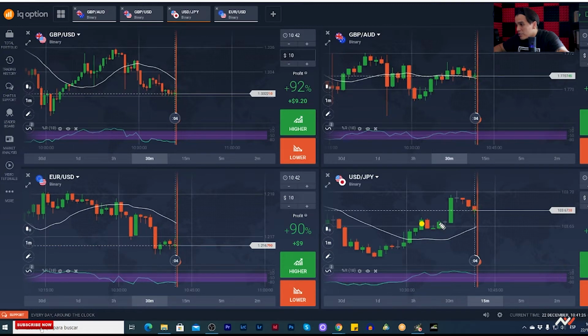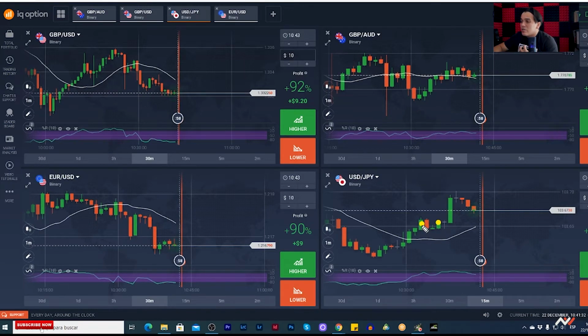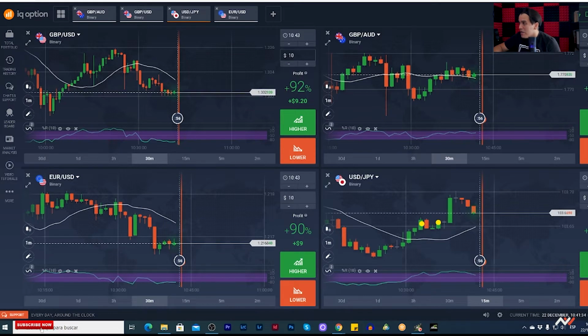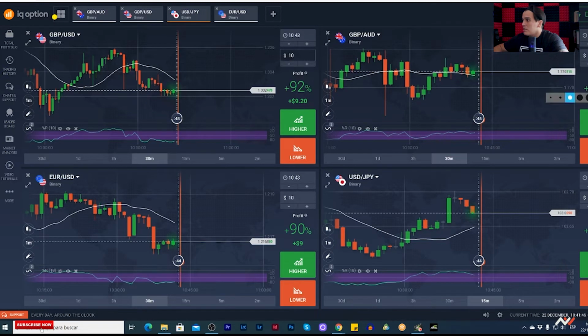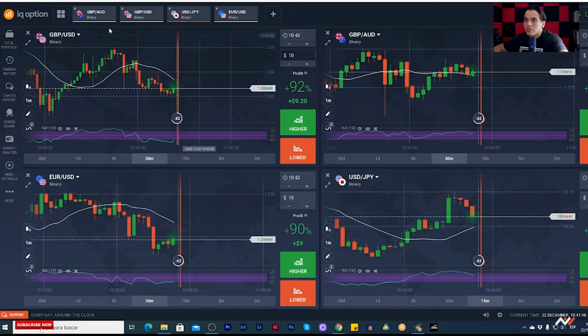So my trade ended on this candle and was a draw, but the signal was good. I just entered too late, because I need to enter when this candle starts, right here. That way I can stay in the money. What happened? I'm going to delete this.